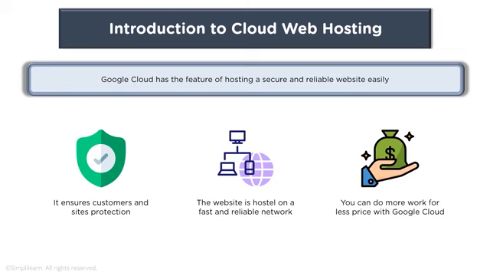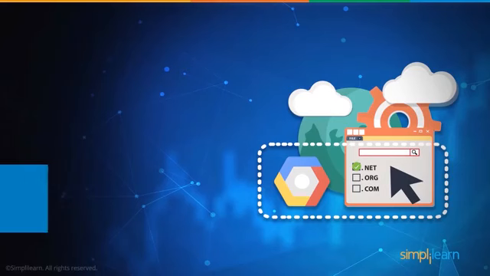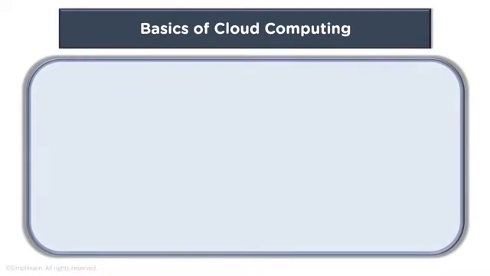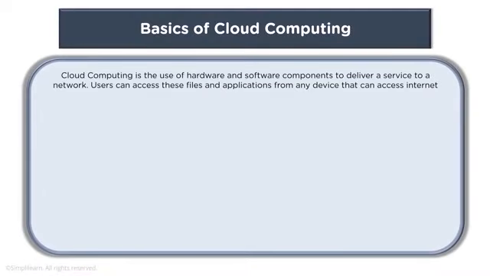Now, when we talk about Google Cloud, it is always good to know some basics of cloud computing. Cloud computing is basically using resources which are provided by your cloud service provider, such as Google Cloud. And cloud computing basically means using hardware and software components to deliver a service on a network.